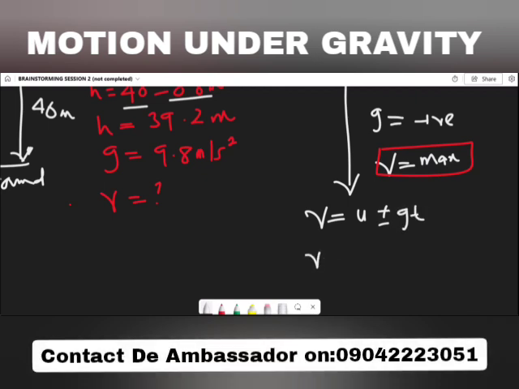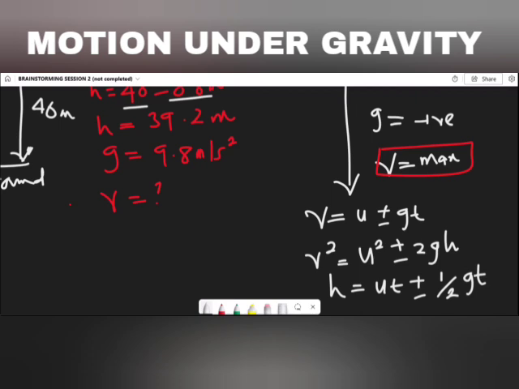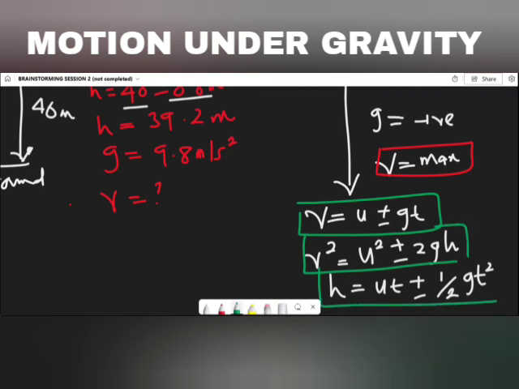We also have that V squared equals U squared plus or minus 2gh, and we also have that h equals ut plus or minus half gt squared. These are the formulas we use under motion under gravity. So look at our parameters carefully. It's only V squared equals U squared plus or minus 2gh that can fit.